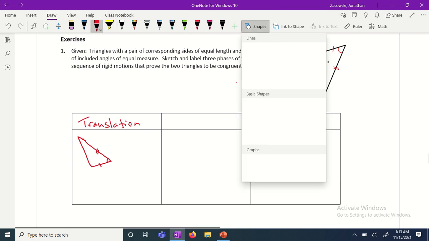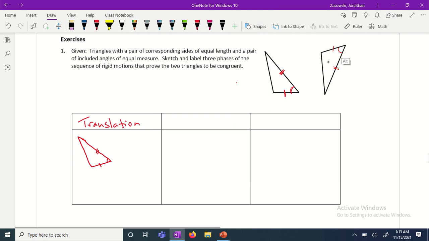So I'm going to grab a ray, we're going to go like that. We have these two angles meet up right there. Okay, so I'll draw this one in blue. So this one is going to be like this. I'm just eyeing that drawing over there. All right. There's the translation. Then we're going to do our rotation. So we still have our first triangle.